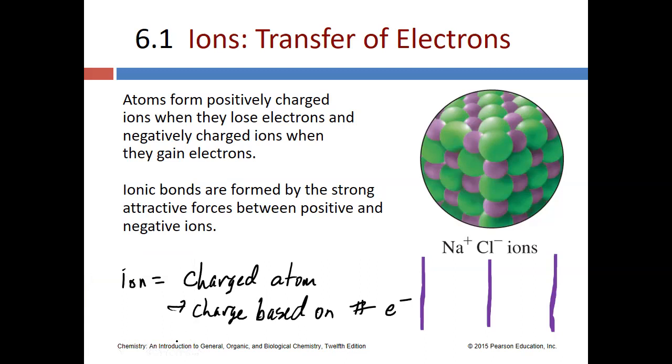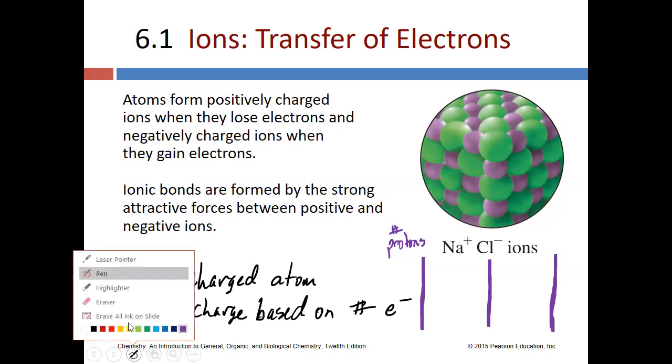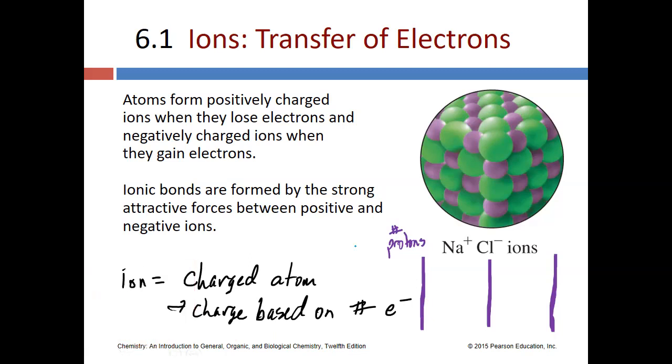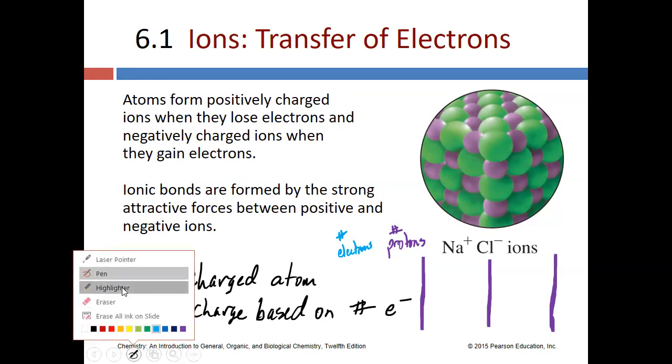If this purple mark represents the number of protons, and this blue mark represents the number of electrons, then we can see that there would be 3 different possibilities here.